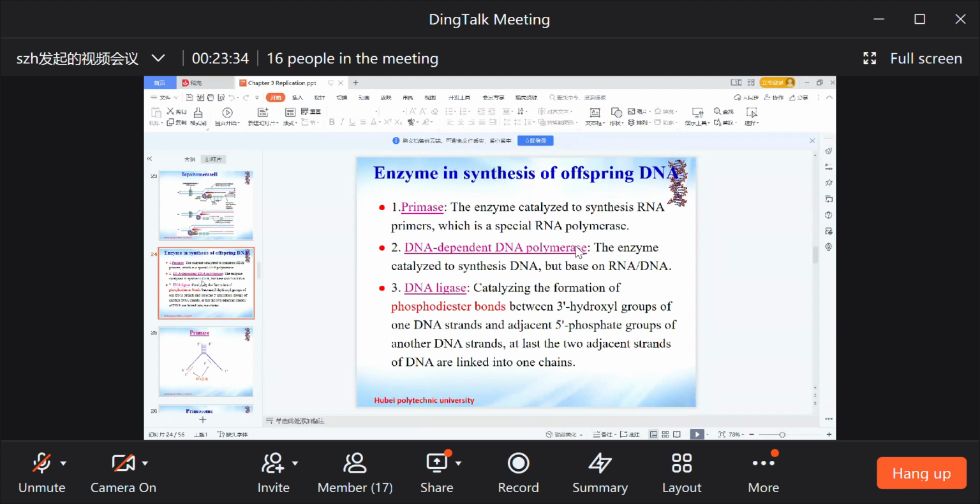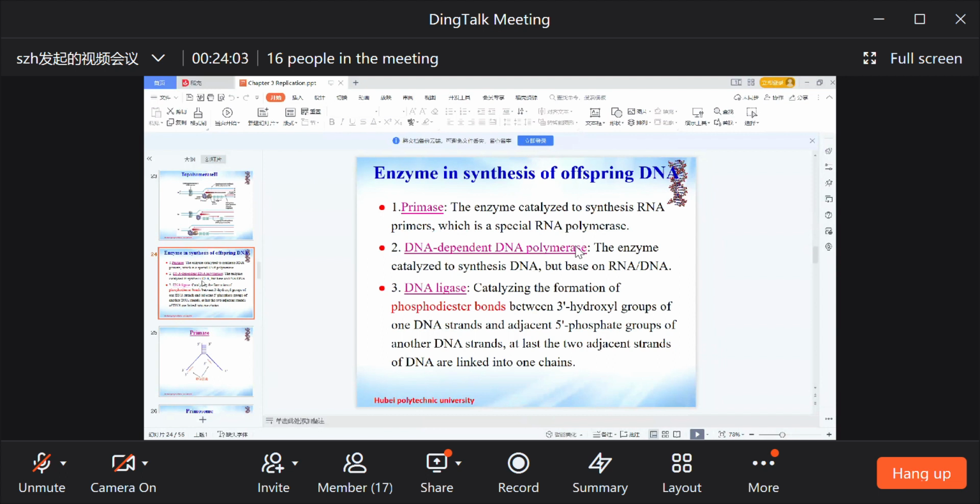At that time it catalyzes the synthesis of the offspring DNA, and the template is the RNA. And another one is the primase.